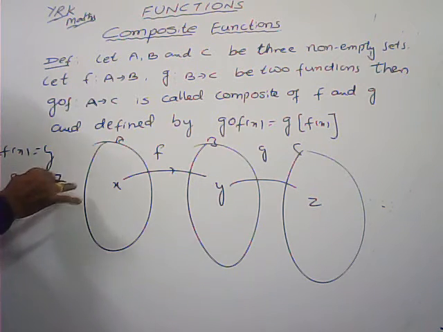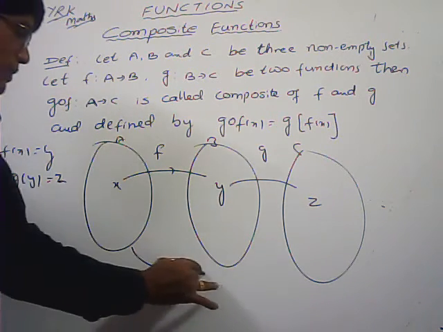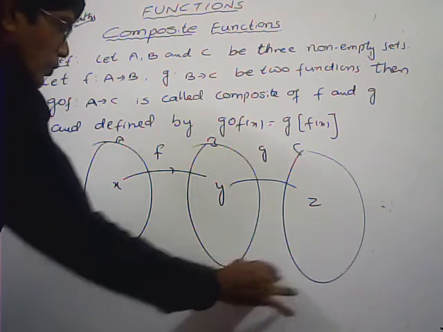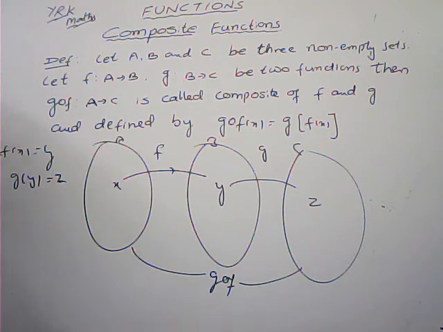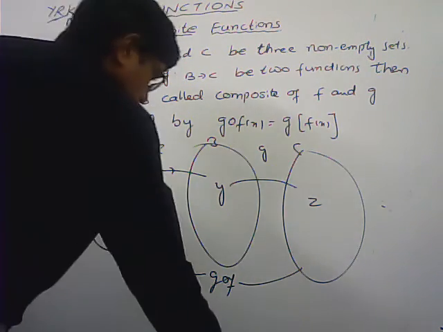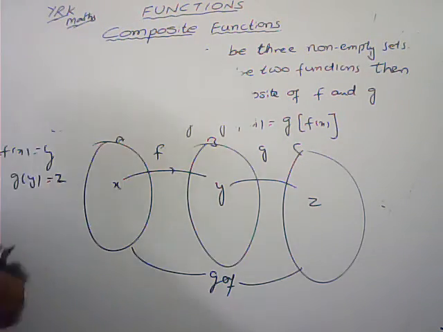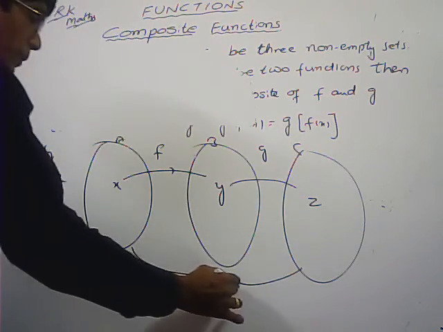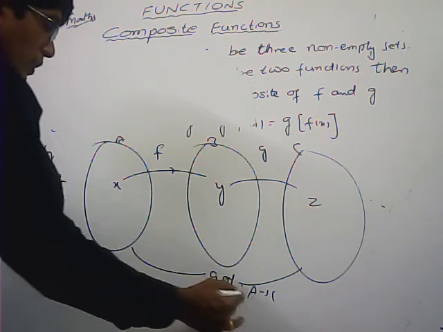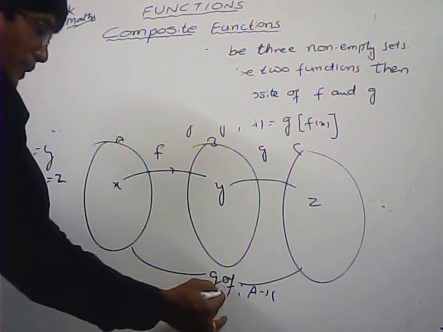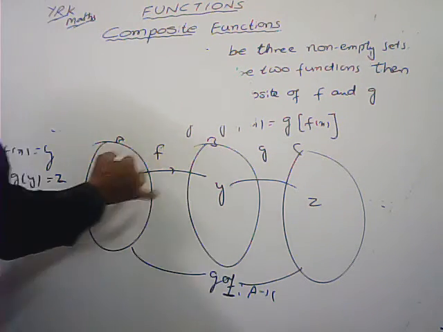Here then what they are saying is that g circle f is mapping from A to C. Now here you can see the domain of g circle f is the domain of f only.